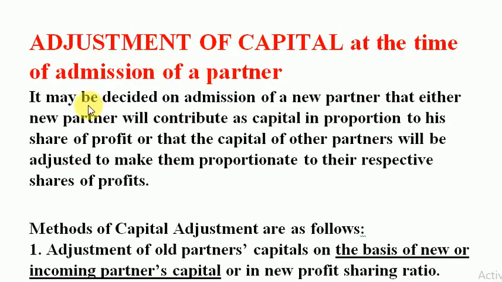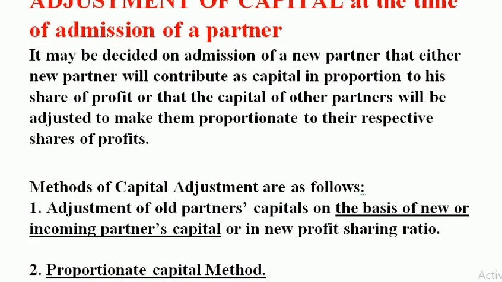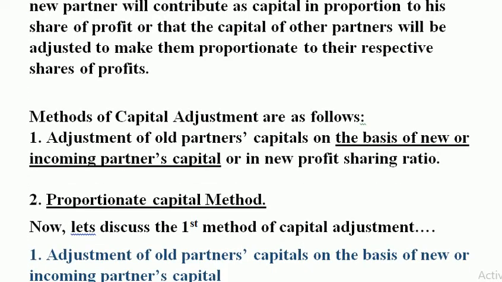So it says it may be decided on admission of a new partner that either the new partner will contribute capital in proportion to his share of profit, or that the capital of other partners will be adjusted to make them proportionate to the respective share of profits. In simple terms, we can say that there are 2 ways or 2 methods by which capital adjustment can be done. So here they are.